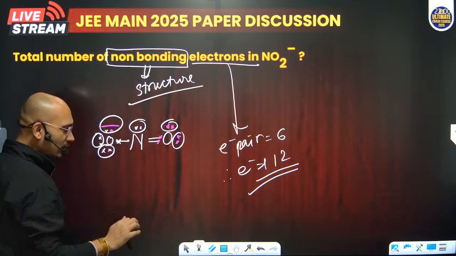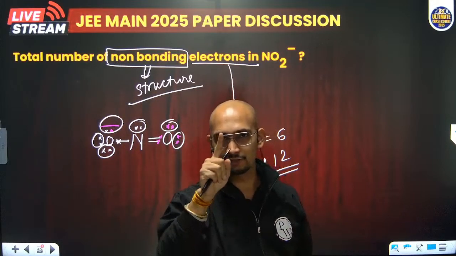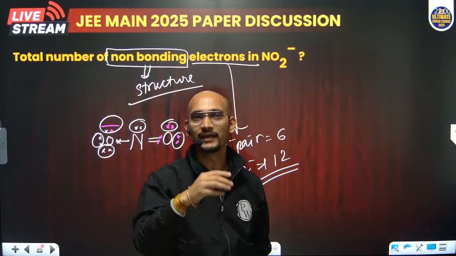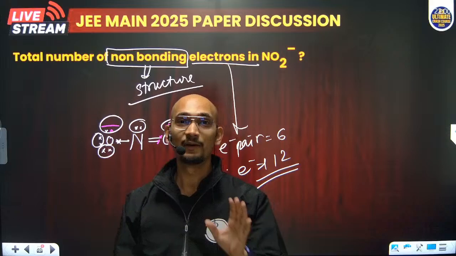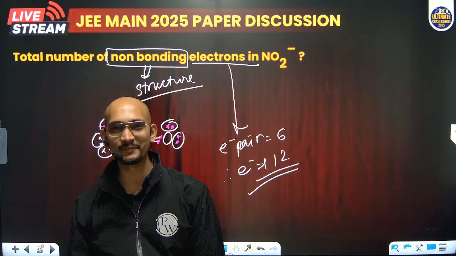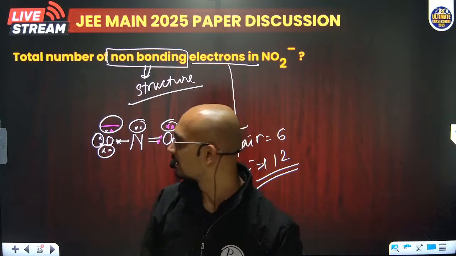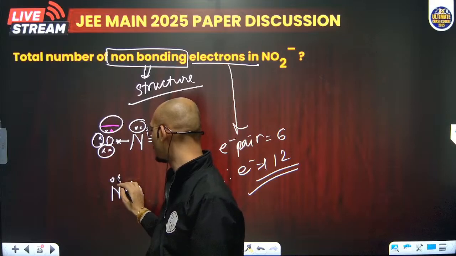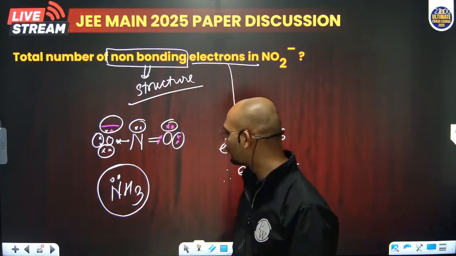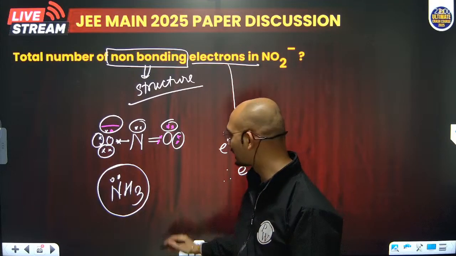Always remember, if any element is from the second period, it will show a maximum covalency of 4. If it is from the third period, it will have a maximum of 6. But the point is how much coordination may be possible. Coordination here also is 4, but only with the smaller atoms. Ammonia, or nitrogen, generally shows molecules where there are going to be 3 bonds. But maximum how many bonds can it form?